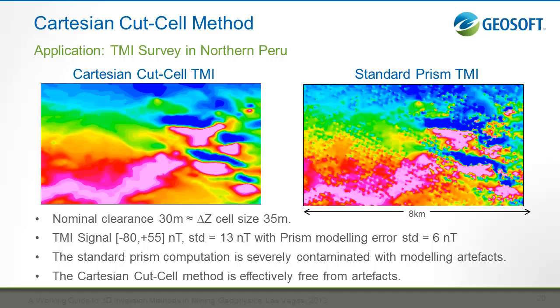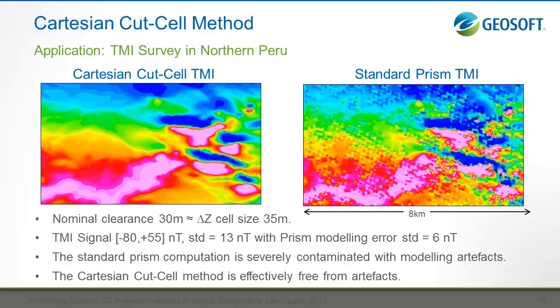The actual noise on this image has a standard deviation of about 6 nanotesla, and the actual signal standard deviation is only 13 nanotesla. So the contamination is quite severe. Again, the cut cell method works very nicely and is effectively free from artifacts.